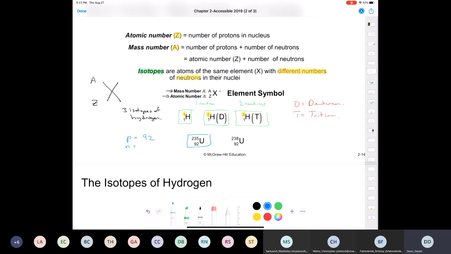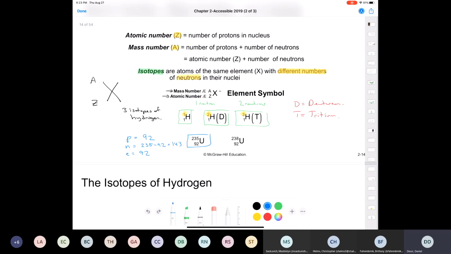Not a trick question. Yes, 143, exactly. It's going to be equal to 235 subtract 92, which is equal to 143. There's no charge in this element, so it's going to have 92 electrons to balance out the charge of the protons.